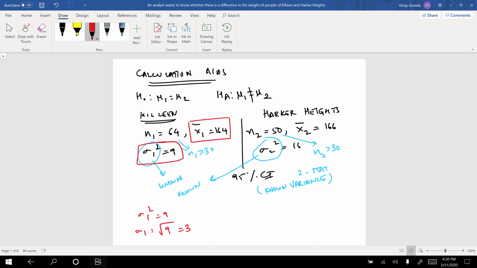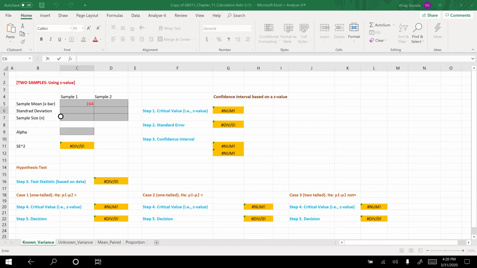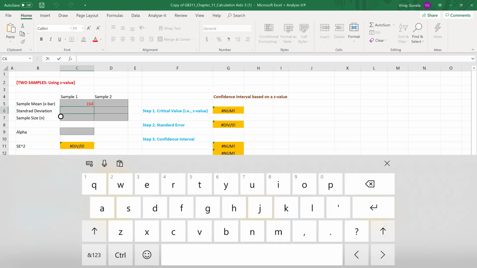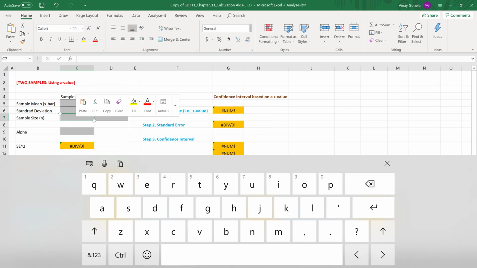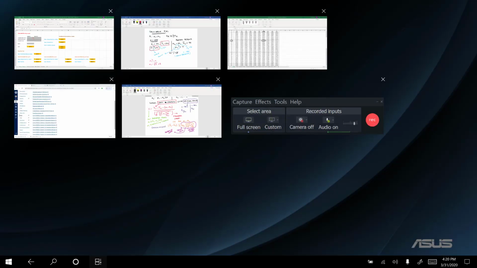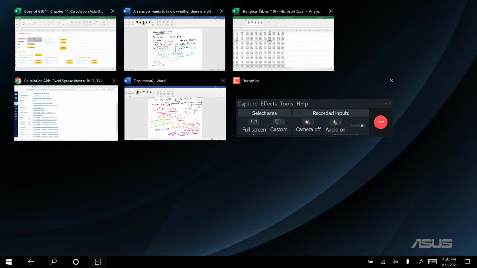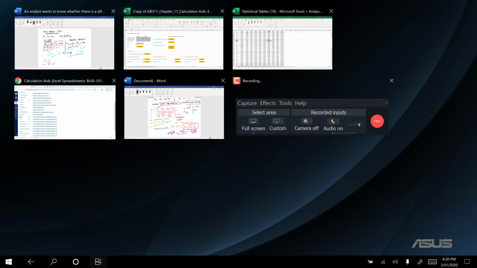So 3 will be our standard deviation. I will type in 3, and then our sample size for sample 1 is given as 64, so I will type 64 here.